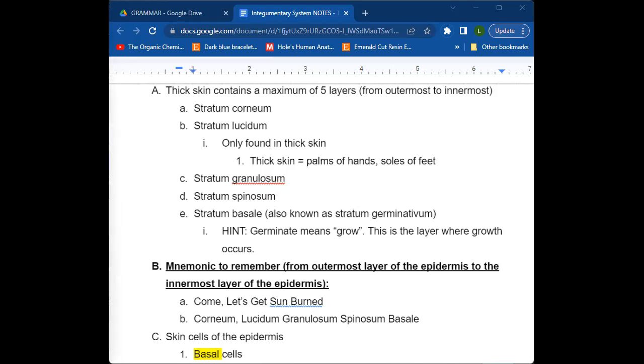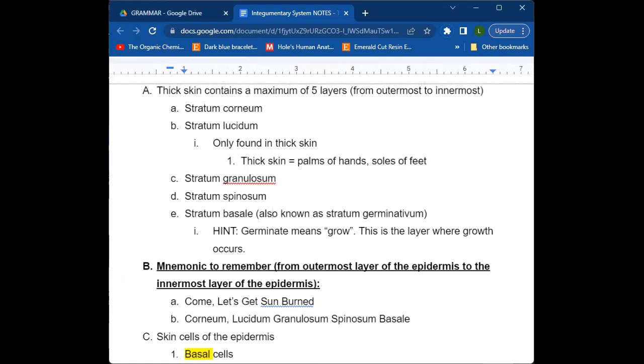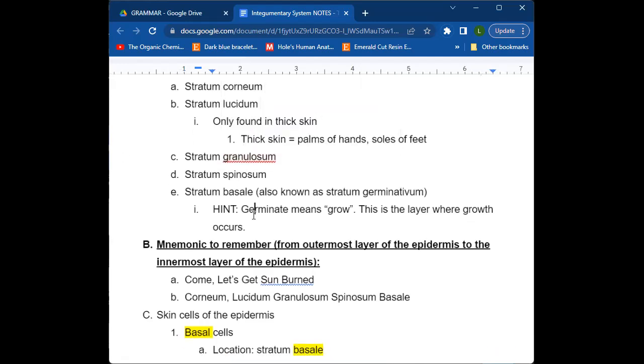Sometimes the stratum basale is also known as the stratum germinativum. So if you ever hear or see the term stratum germinativum, you should just know that it means the same thing as the stratum basale.